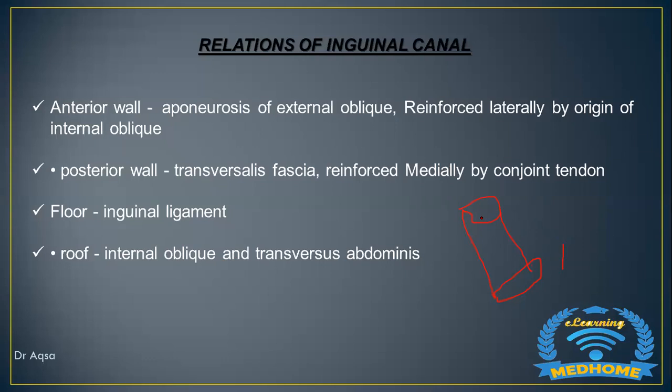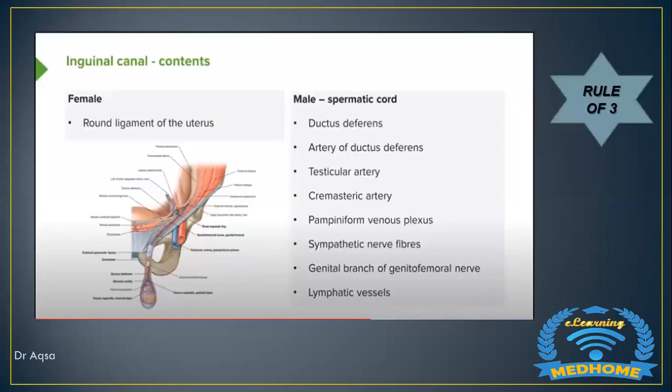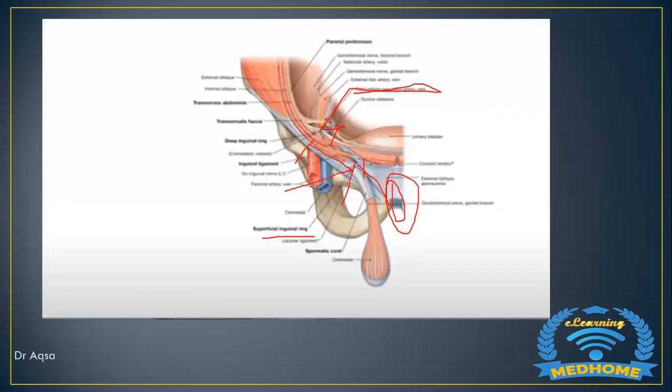If you look at the diagram here, the inguinal canal is formed above by the internal oblique and the transverse abdominis, and below by the inguinal ligament.